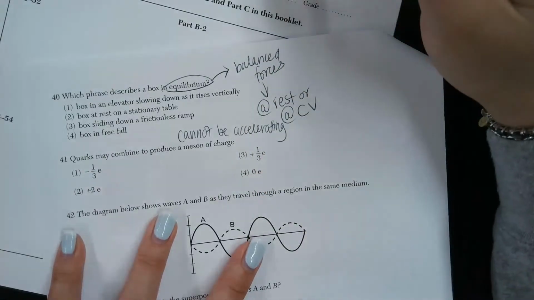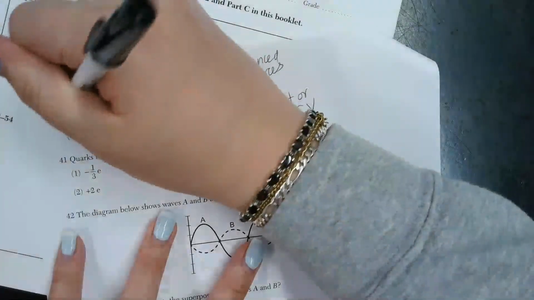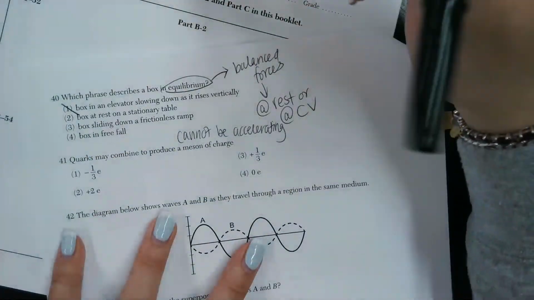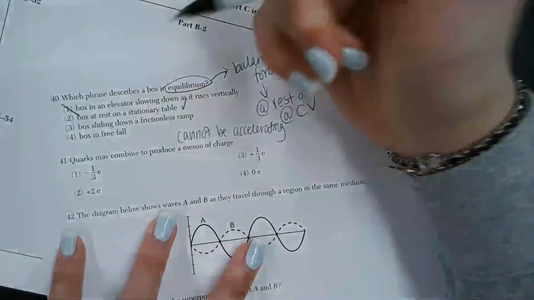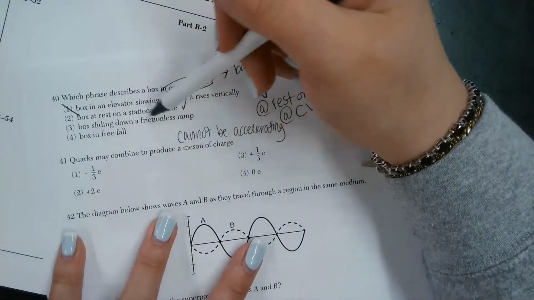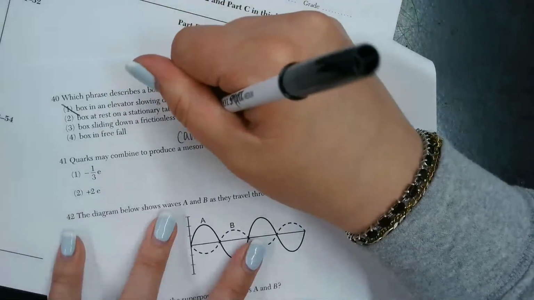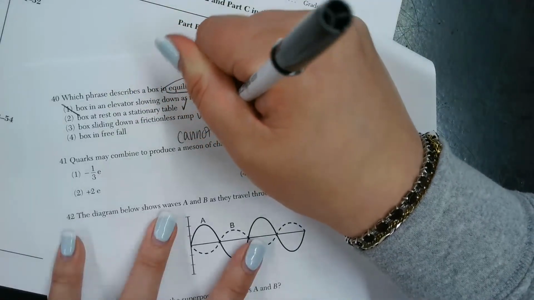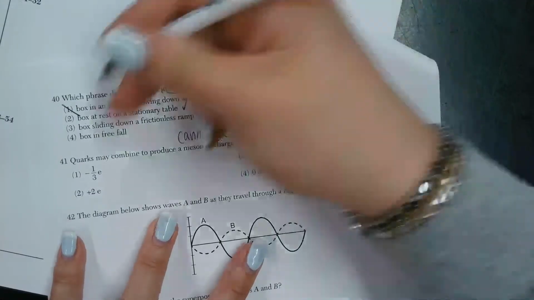So a box in an elevator slowing down as it rises vertically. That's accelerating, okay, because you're moving in the vertical direction. Box at rest on a stationary table. Seems like a good one. Box sliding down a frictionless ramp. Again, when you have no friction, you have an unbalanced force. Okay, and automatically an unbalanced force means that you are accelerating.